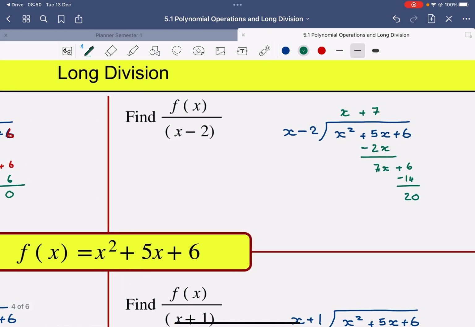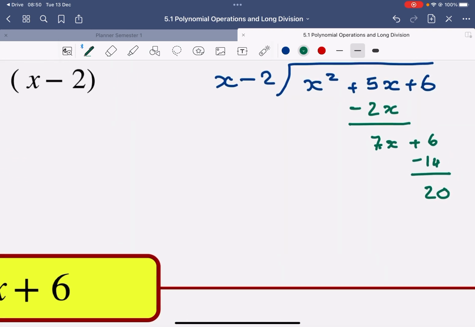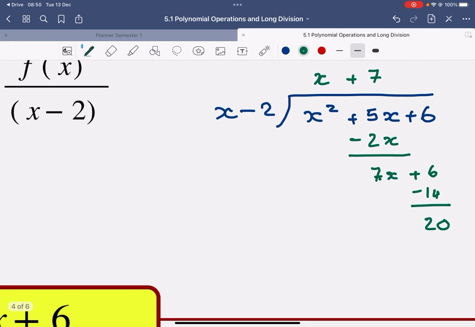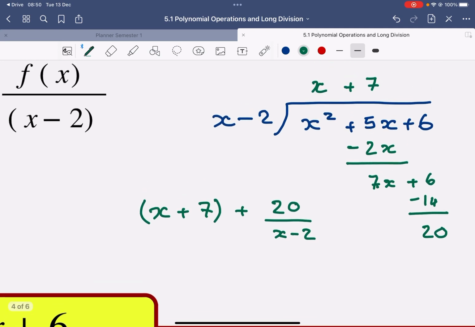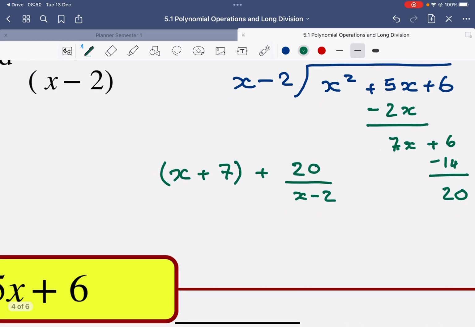So that 20 is the remainder. My final answer is x plus 7, that's what happened on the top, add the remainder, which is 20, divided by x minus 2. So it's the division that came out from the top, plus 20 over x minus 2.